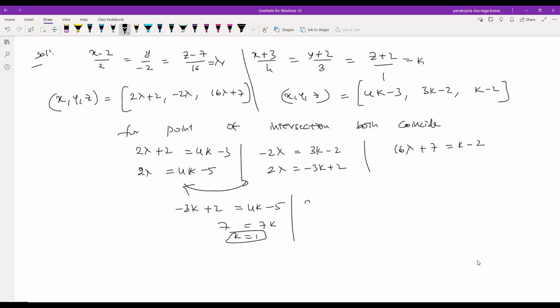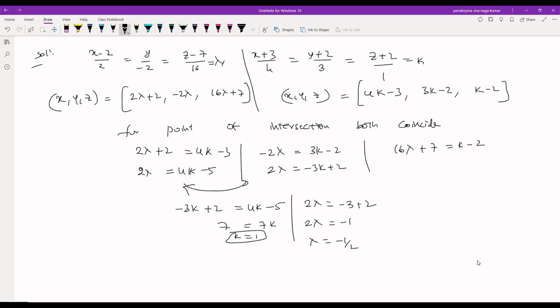If k value is 1, then 2 lambda is equal to minus 3 plus 2. So 2 lambda is equal to minus 1. Lambda is equal to minus 1 by 2. If k equal to 1, we will go with the second point because it's integer. We cannot calculate with fractional values.